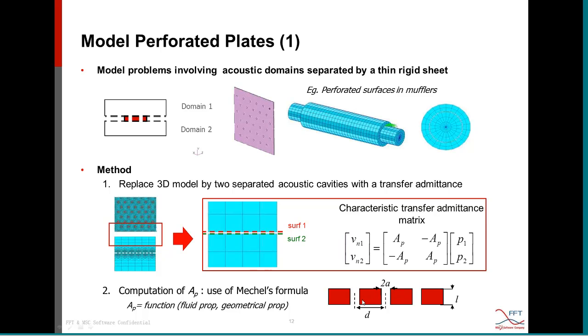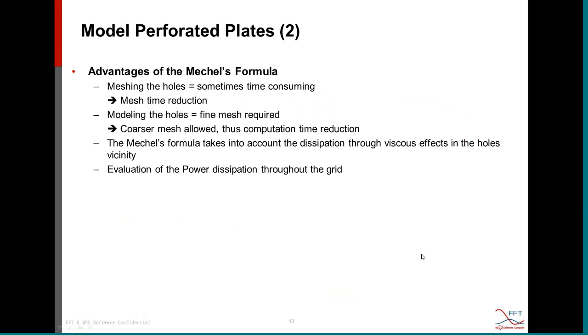So basically, we just need to provide some geometrical properties of that plate, for example, the distance between the holes, the size of the hole, or the thickness of the plate. So Actran can calculate this transfer admittance for you.